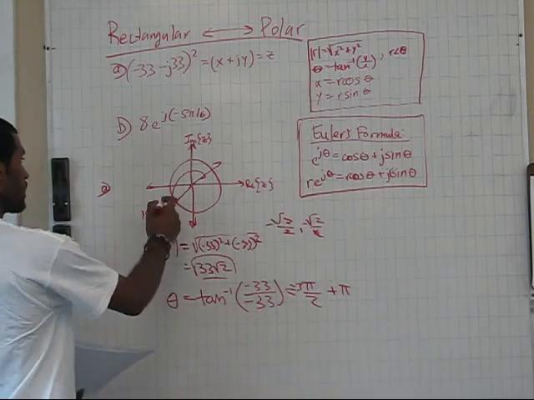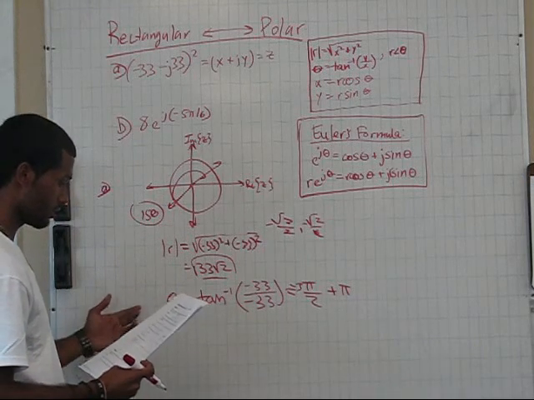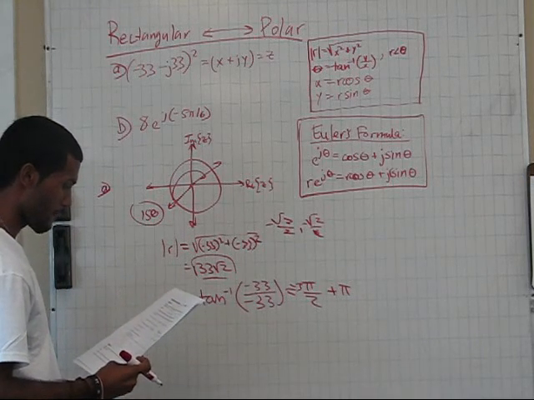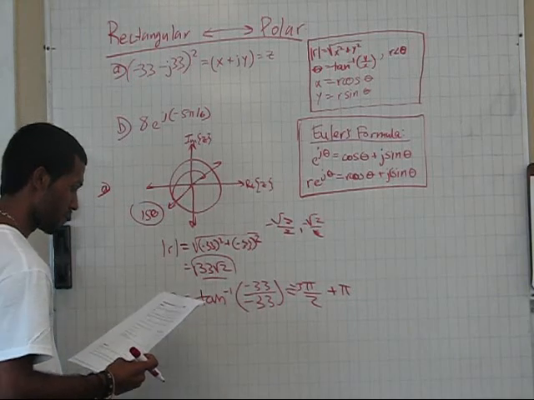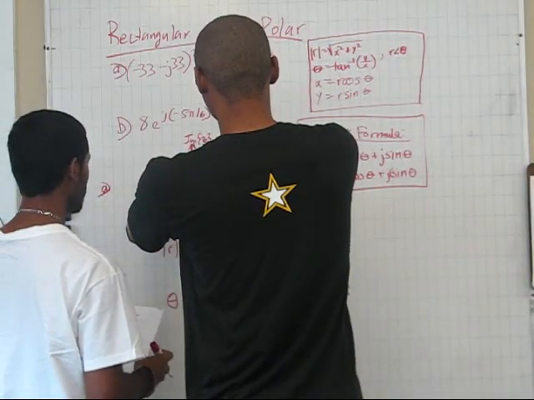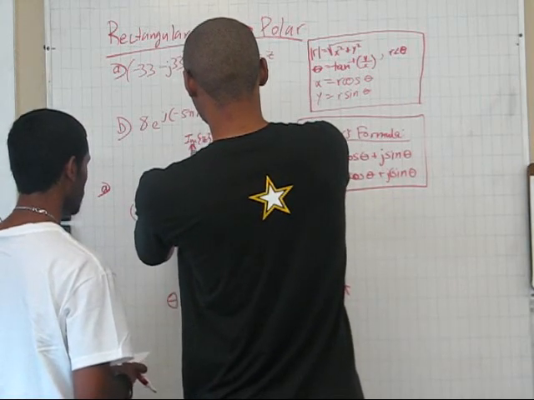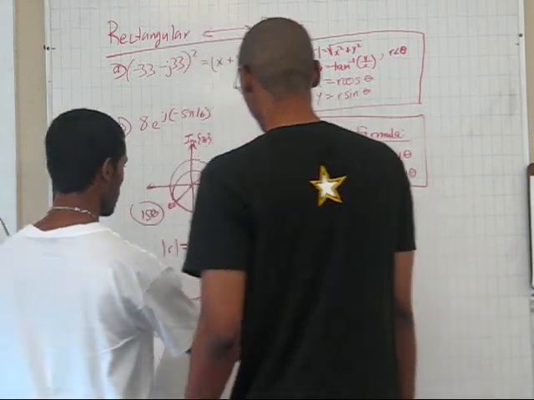Since it's in this quadrant, right there, in order to calculate the angle of it, if you got pi over 2, that would be saying it's like that. Yeah.